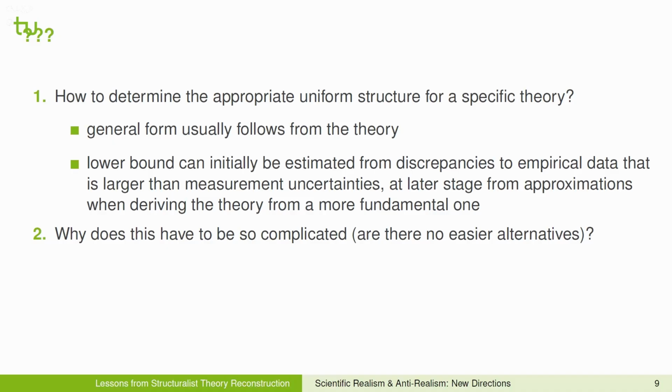And at a later stage, as soon as we are able to derive this theory from a more fundamental one, we will see from the derivation and the approximations that take place within it, from which we can at least estimate some parts of the lower bound.